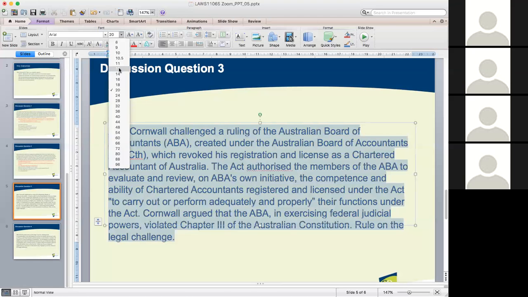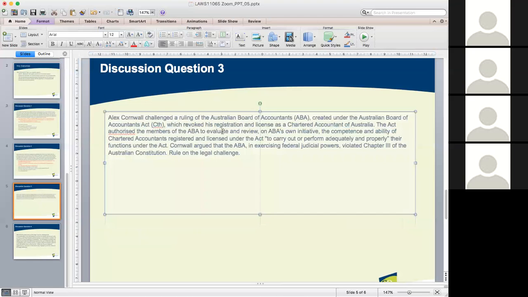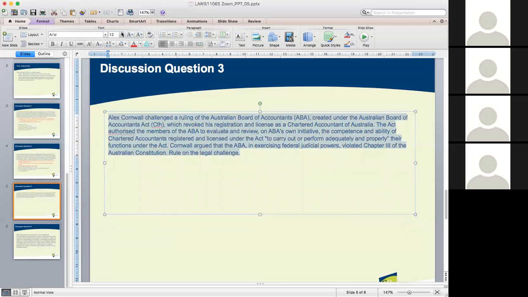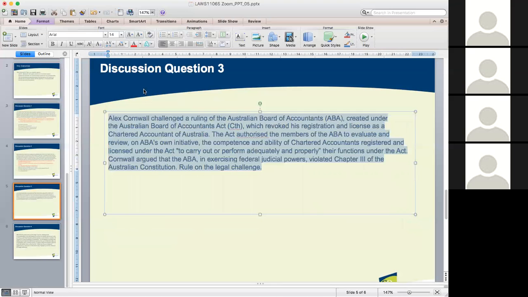Okay, what's the legal issue? So the legal issue cannot be a mere restatement of the question. Okay, what's the legal issue? Volunteers? Okay, good. So from B, is the ABA a Chapter 3 court?